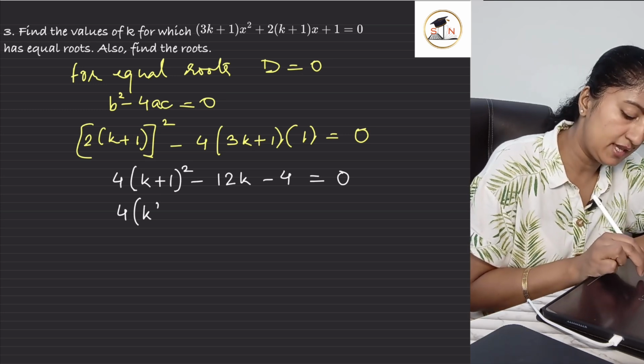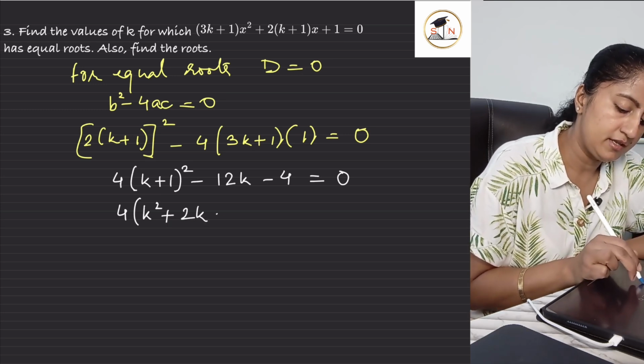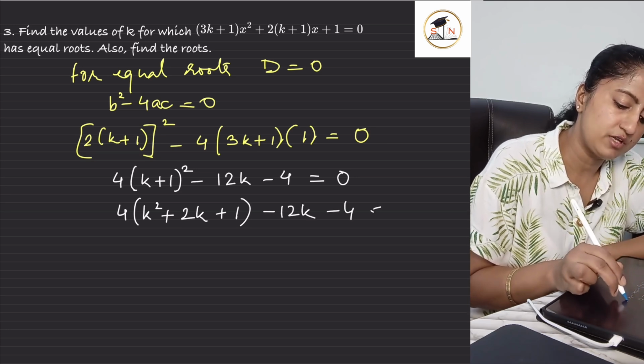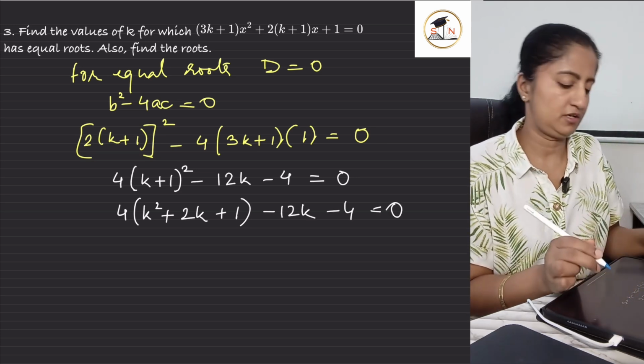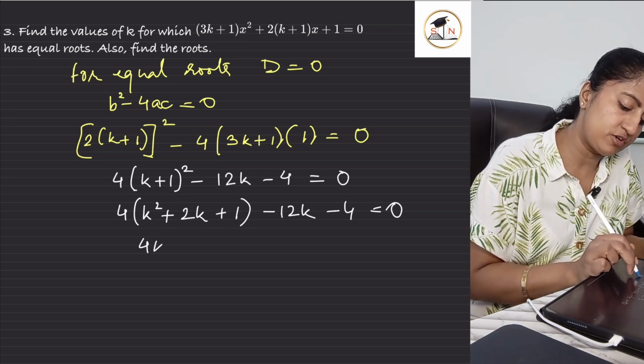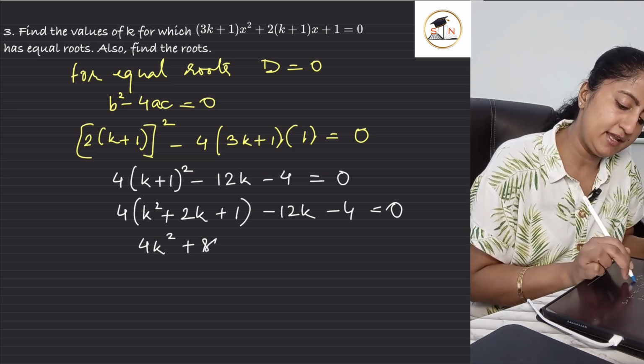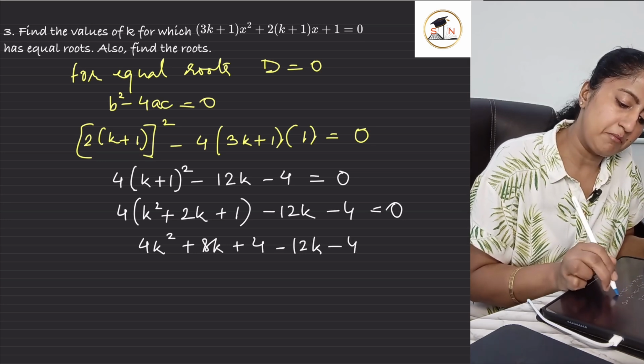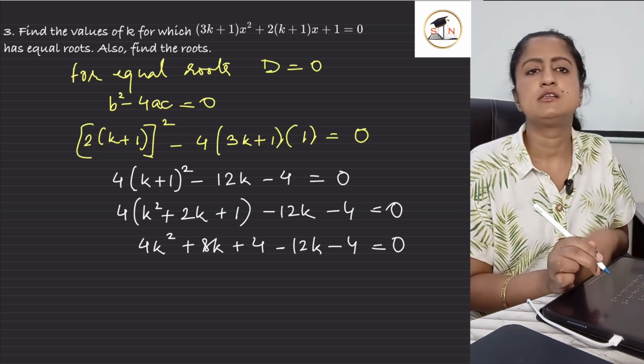That gives me 4 times k square plus 2k plus 1, minus 12k minus 4 equals 0. So we get 4k square plus 8k plus 4 minus 12k minus 4 equals 0.